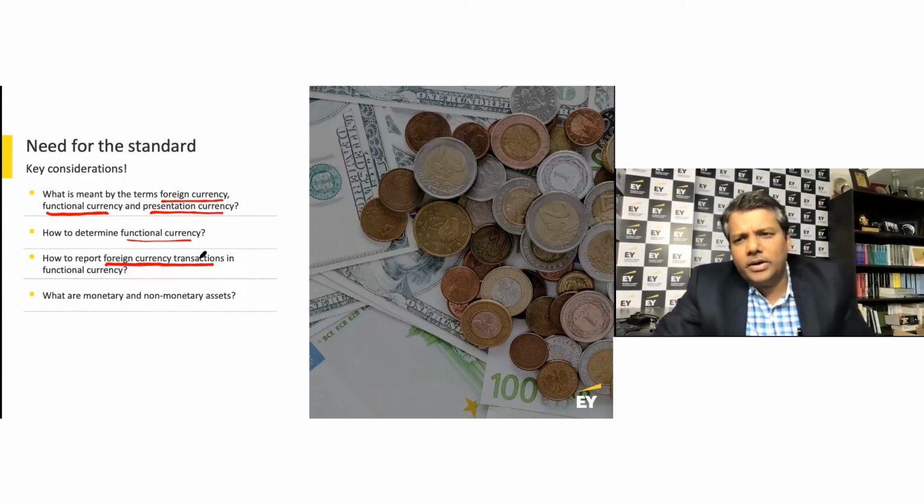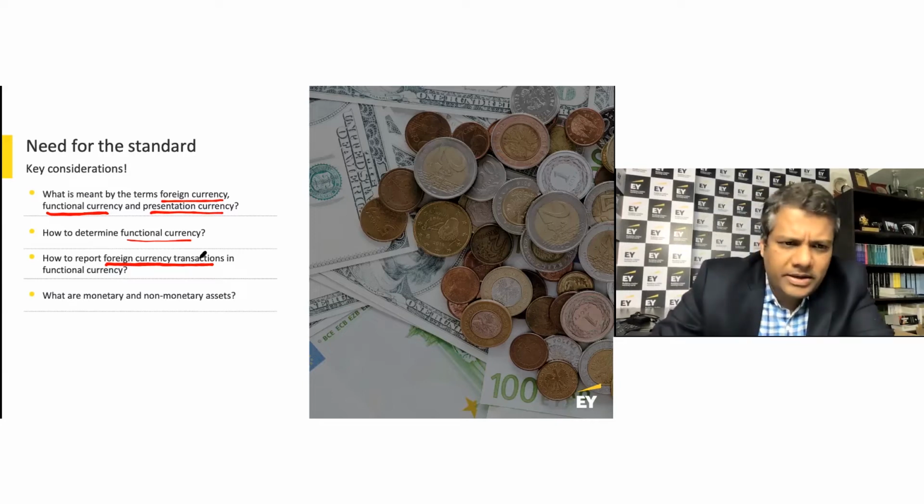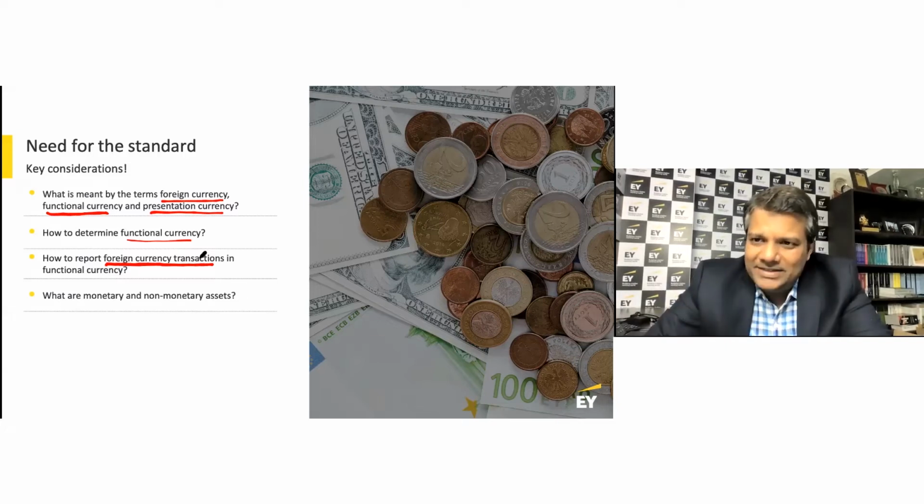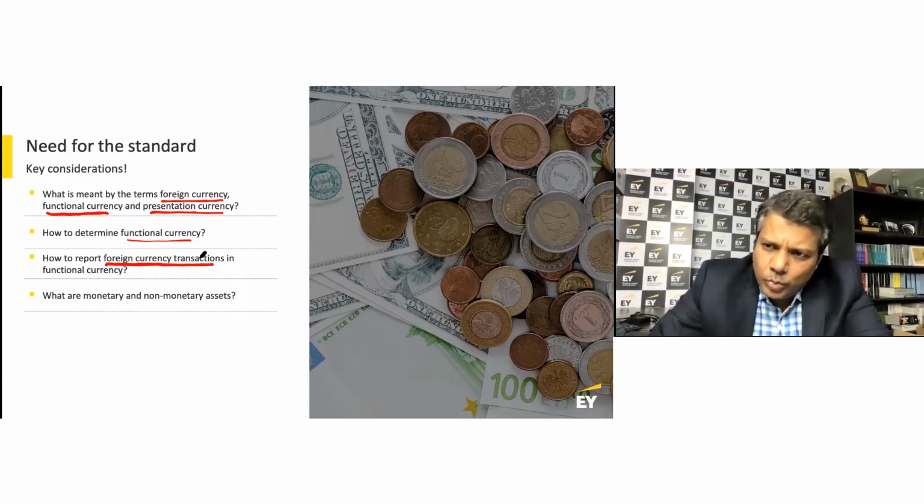What are monetary and non-monetary assets, right? If you look at what are financial and non-financial assets, they are defined in Ind AS 109 on financial instruments, okay? Whereas what are monetary and non-monetary assets, they are defined in Ind AS 21. So all monetary assets are also financial assets in a way, okay?